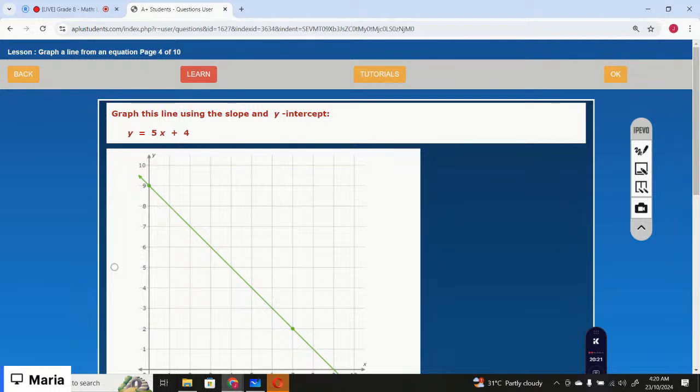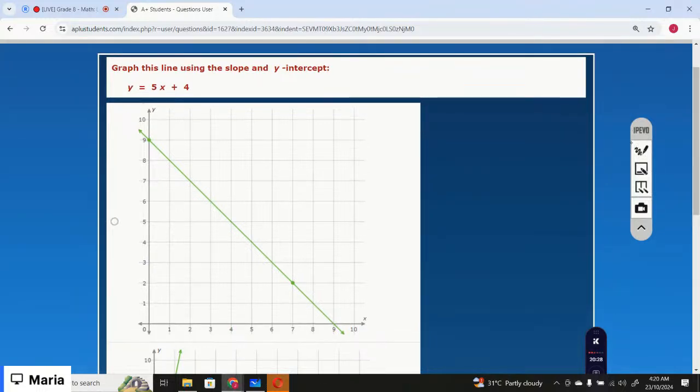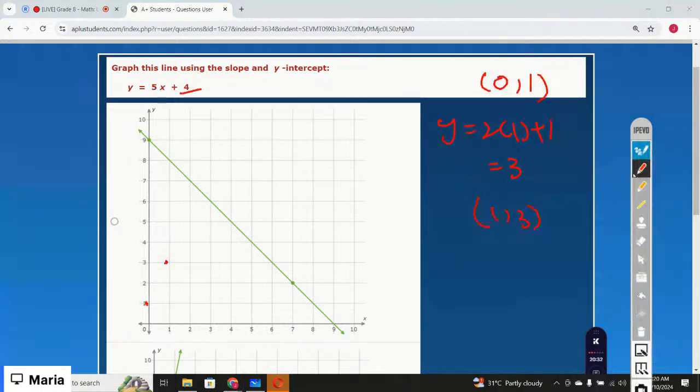So the y-intercept is 4, x is 0, y is 4. And the point is y equals 5 times 1 plus 4, that is 9.